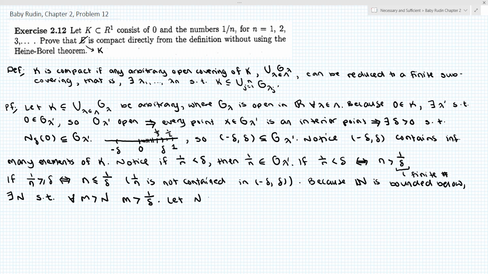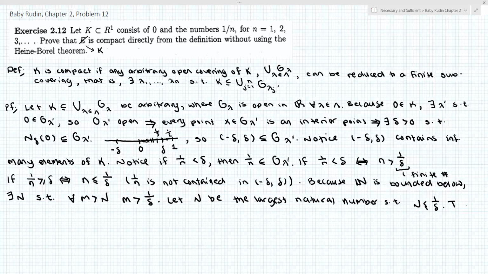So let N be the largest natural number such that N is less than or equal to 1 over delta.